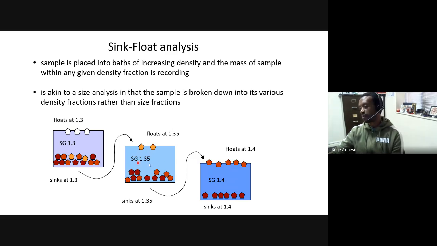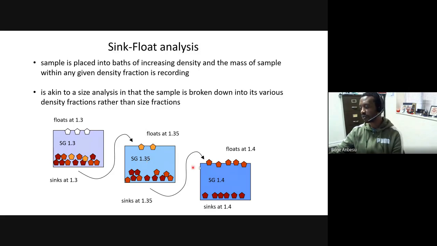Now again, particles are sinking here in 1.35. I increase the media density to 1.4. Again, whatever sunk in 1.35 may now float in 1.4. If particles sink, it must be because they're denser than 1.4. If they float, it must be because they're lighter than 1.4. But they were sinking before, so they must be heavier than 1.35.